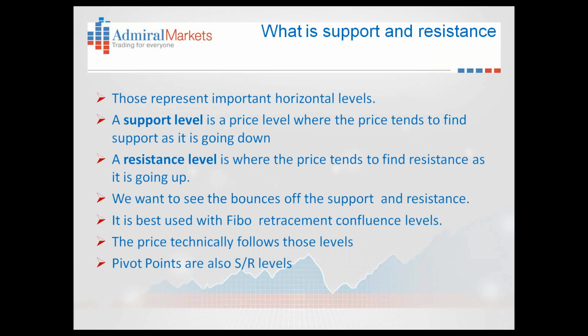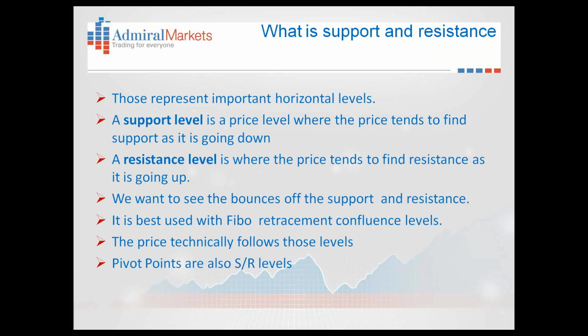For me and for everyone who does technical analysis, support and resistance are horizontal levels, and those are very important horizontal levels. That means that price tends to magnetically gravitate towards those levels, and usually the price bounces off those levels.